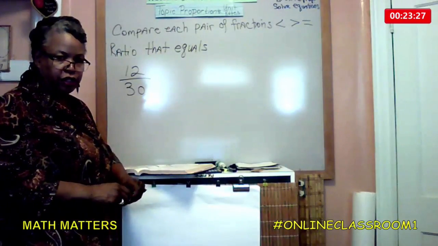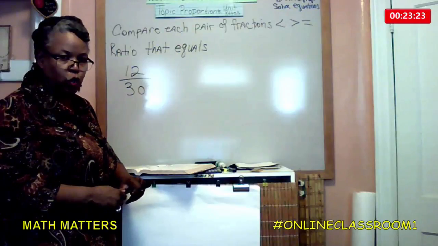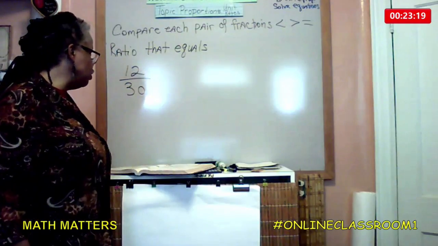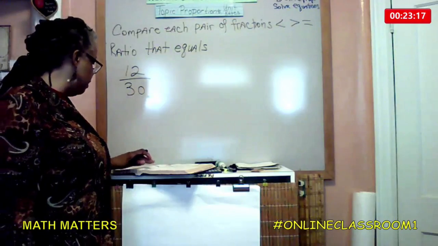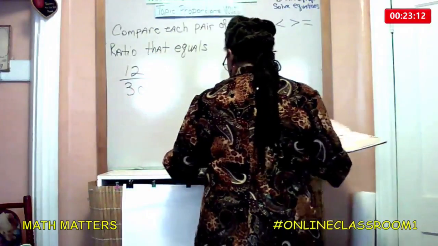I want to find a few ratios that are equivalent to 12 over 30. And I'm going to use several numbers from a number bank.